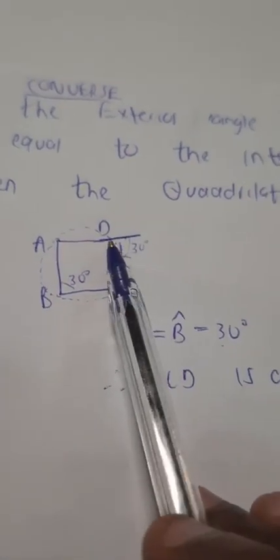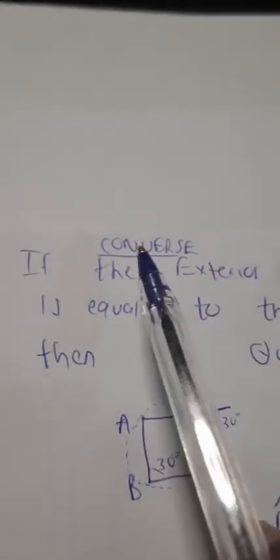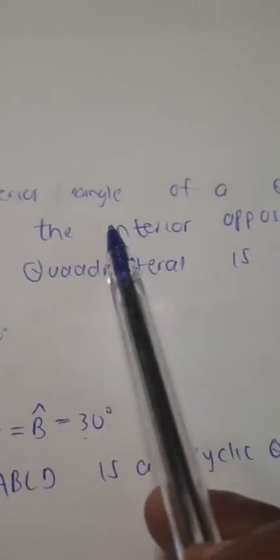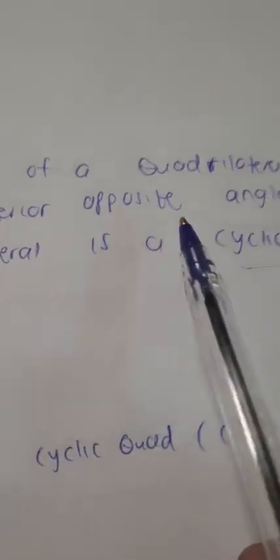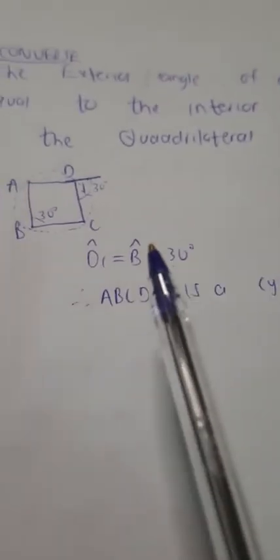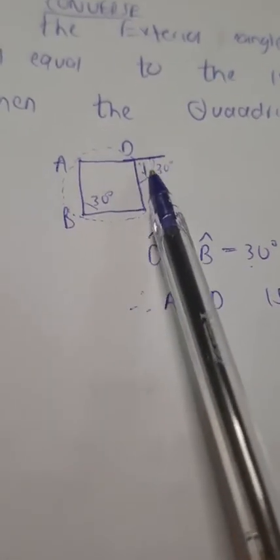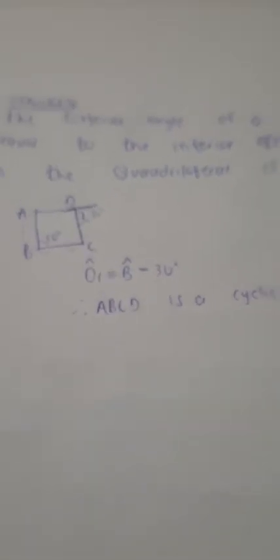So once again, I'm using my dotted lines to emphasize that if this is the exterior and it's equal to this interior opposite angle for the quadrilateral, the theorem says if the exterior angle of a quadrilateral is equal to the interior opposite angle, then the quadrilateral is a cyclic quadrilateral. And our reason is simply converse of exterior angle of cyclic quad, for having seen that the exterior D1 for the quadrilateral is equal to the interior opposite angle, which is 30 degrees. That's why we say ABCD is a cyclic quad.